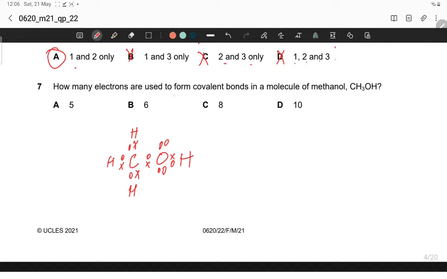So how many electrons are used to form covalent bonds in methanol? 1, 2, 3, 4, 5, 6, 7, 8, 9, 10. So this is 10. The displayed structure is like this. So 10 electrons are there. D option is correct.